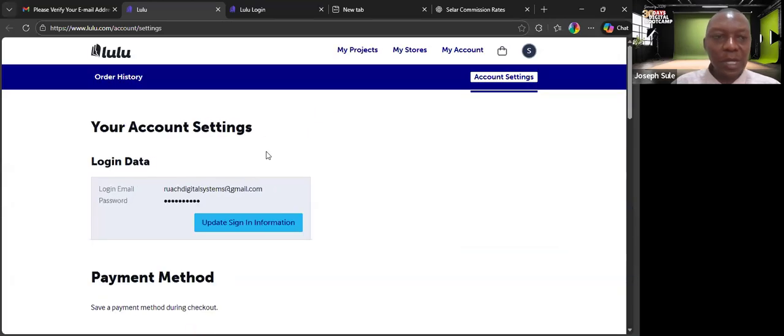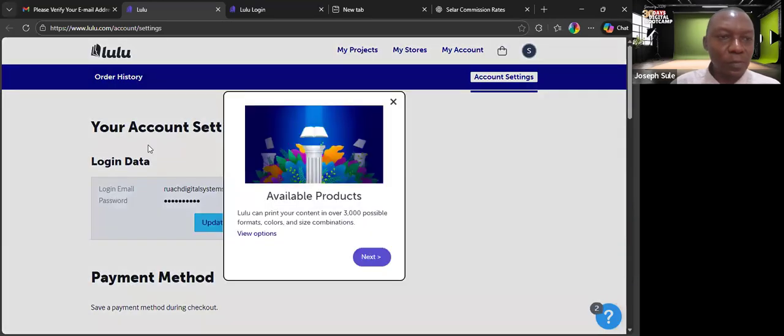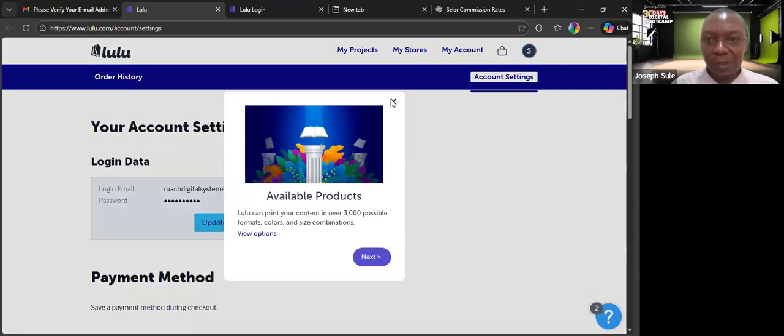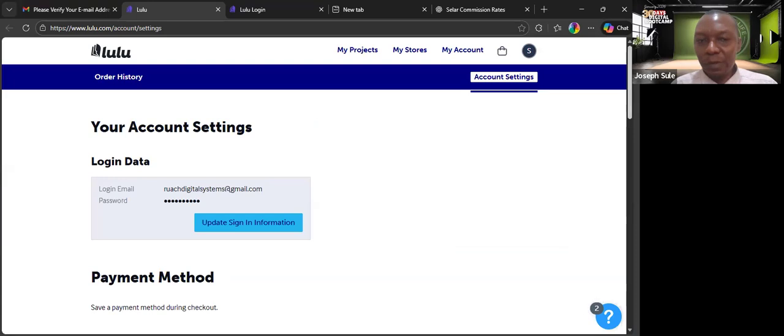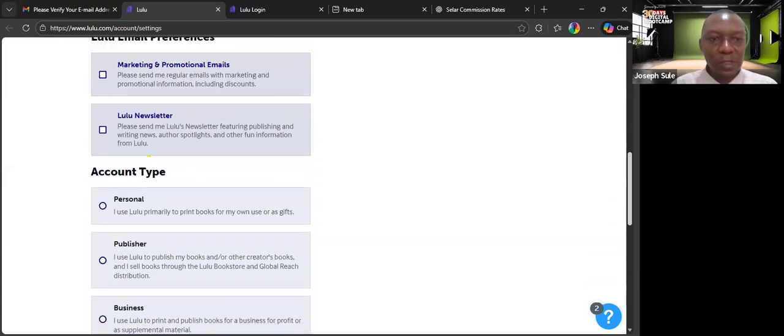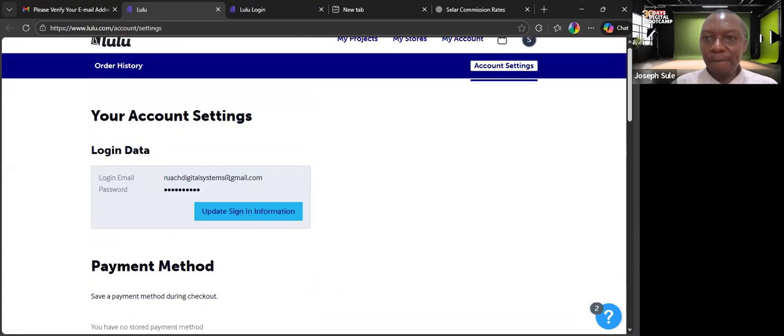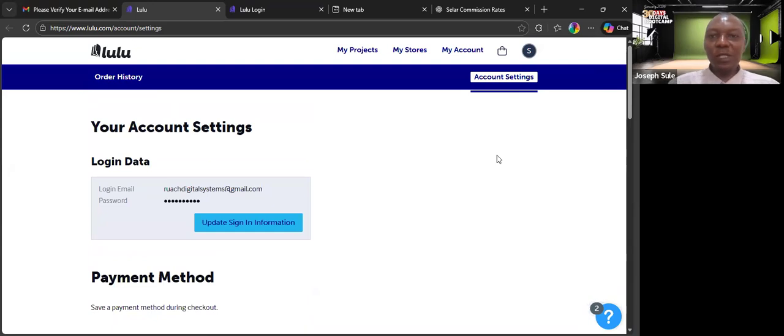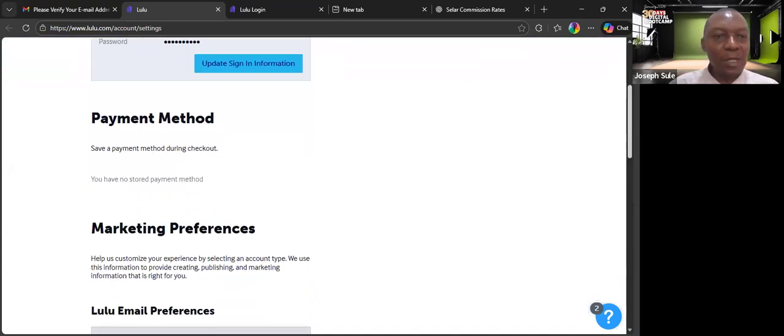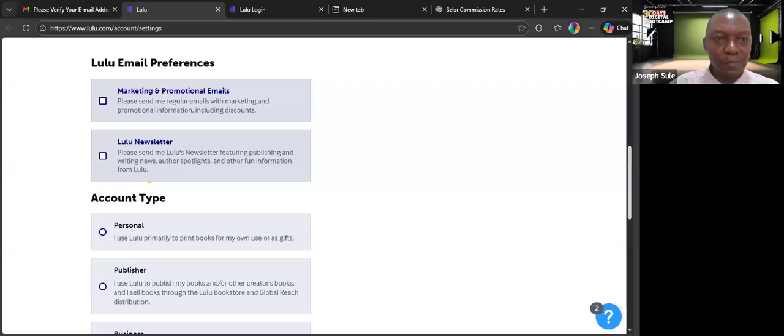Seller is very particular about verifying the link sent on the same device. Okay. All right. So it is verified. And once you see this page where it's like the dashboard, the order history, the account settings, my project, my stores, and all of that, then it means that email has been verified.